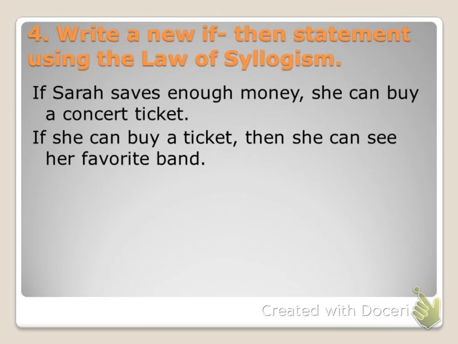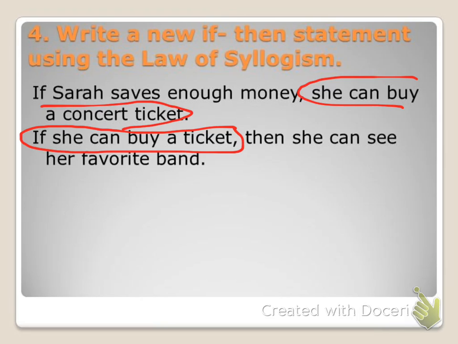Which one's the repeater? Which one's in there twice? The ticket thing. Yeah, the buying of the ticket, right? So it's saying she buys the ticket and then she buys the ticket. Okay, so that's the part we can sort of cut out on here.